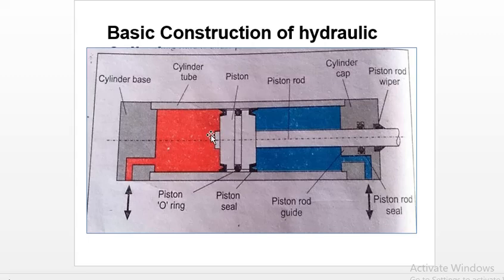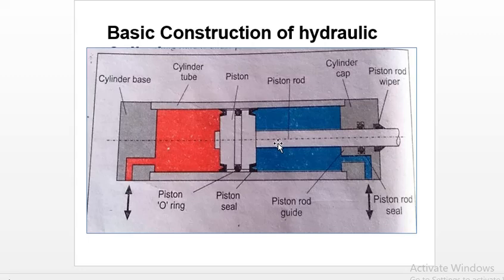As I told you, the area is not the same, so it may be called a differential actuator. Here the area will be pi by 4 D square. Here the area is pi by 4 D square minus the rod area, or we can say pi by 4 into d_r square, meaning the rod area.